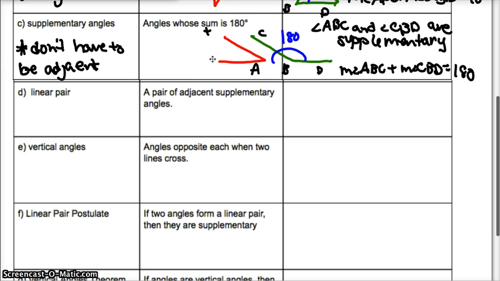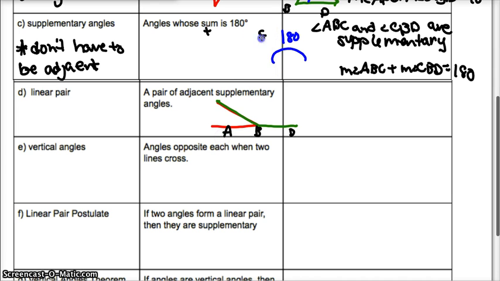A linear pair is a special case of supplementary angles. In a linear pair, these are things that are both adjacent and supplementary. So the diagram is going to look identical. They have to be adjacent, meaning these will not be separated. Supplementary can, linear pair cannot.